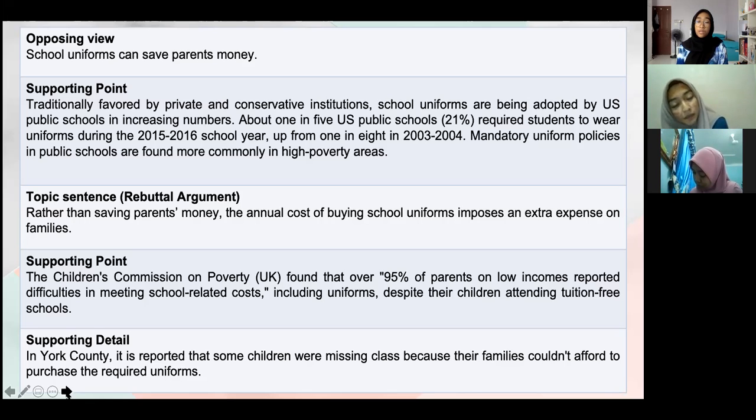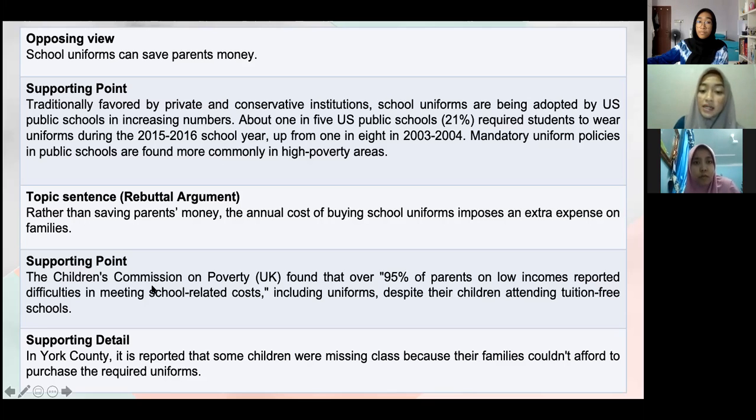Alright, for the supporting point for the topic sentence, the Children's Commission on Poverty UK found that over 95% of parents on low incomes reported difficulties in meeting school-related costs, including uniforms, despite their children attending tuition-free schools. So this point supports the topic sentence, which states that rather than saving parents money, the annual cost of buying school uniforms imposes an extra expense on families.